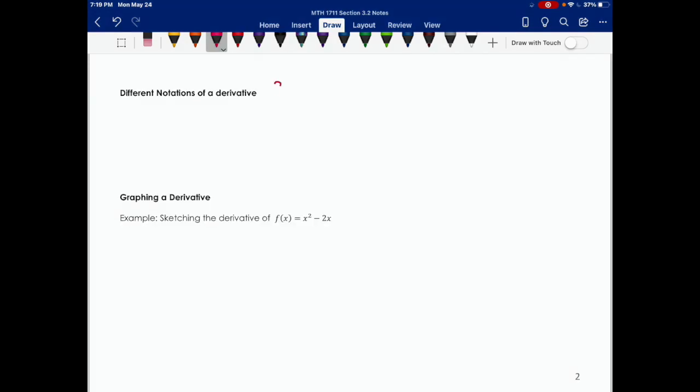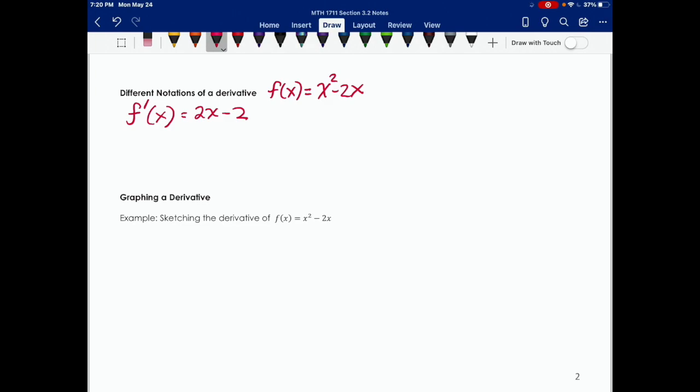Okay, now we're going to talk about the different notations of a derivative. So let's use f of x is equal to x squared minus 2x as our example. So far, the only notation that I've showed you is this, where we have f and then what looks like a little slash up where the exponent normally would be. And then we have the notation f of x with that little slash.